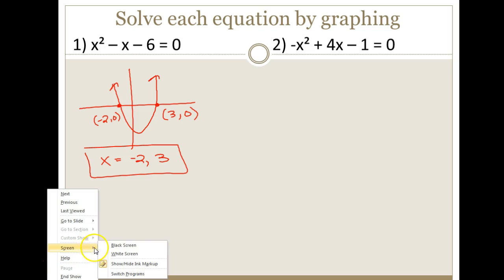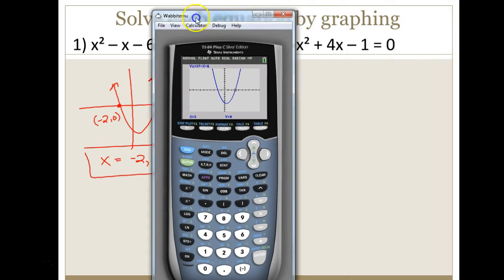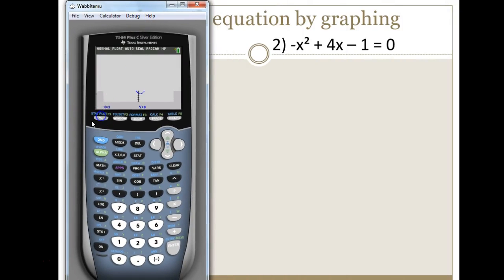Example 2. Move this over here. Go back and type it in. Now, second insert will let me add a negative in front of that without having to go back and retype everything. And then I want plus 4x minus 1 graph.